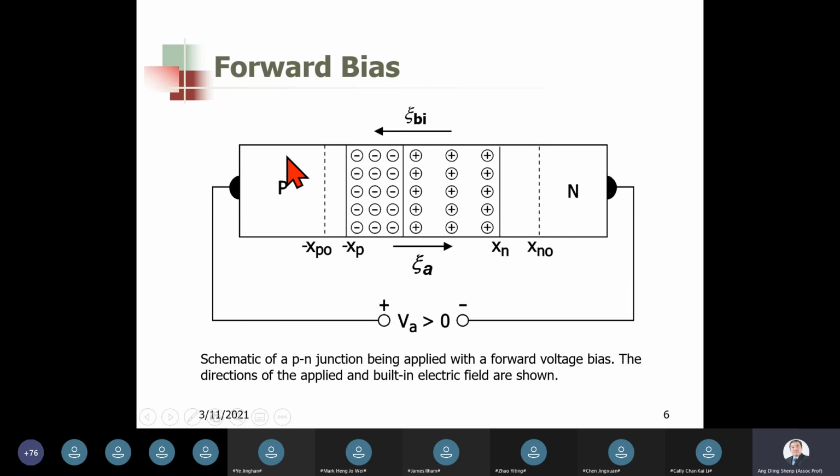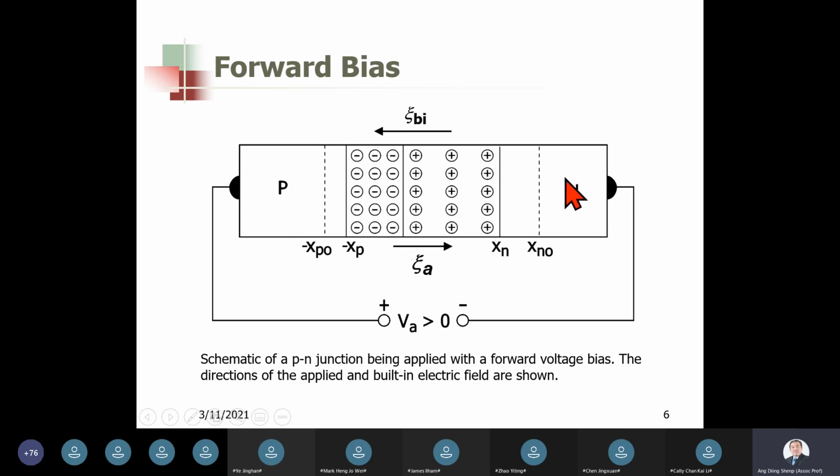But if we neglect the electric field in the P and N regions, and if we consider the low-level injection assumption to be valid, in other words, the concentration of excess electrons in the P region is very small, much smaller than 10% of the hole concentration.